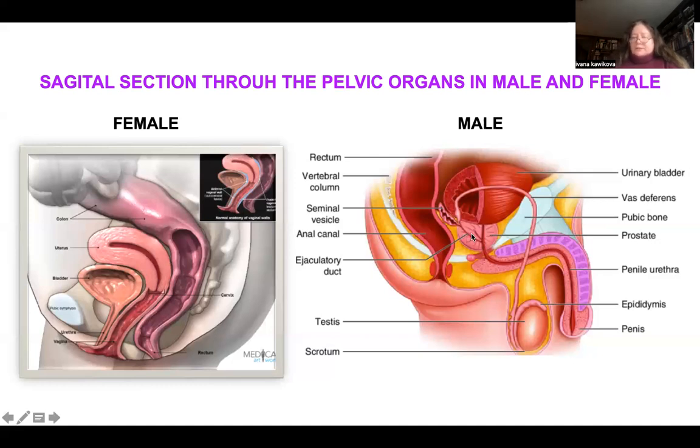So as a result, in the male urethra travels both urine and the ejaculate coming from the gonads.